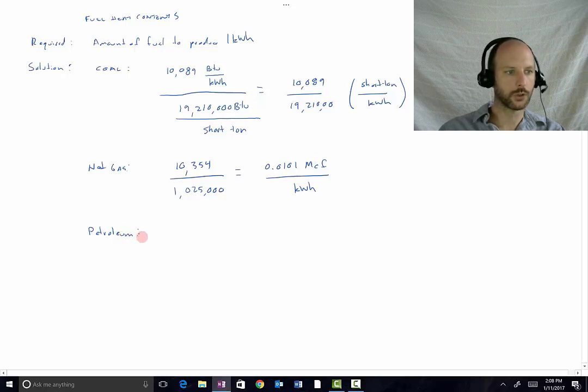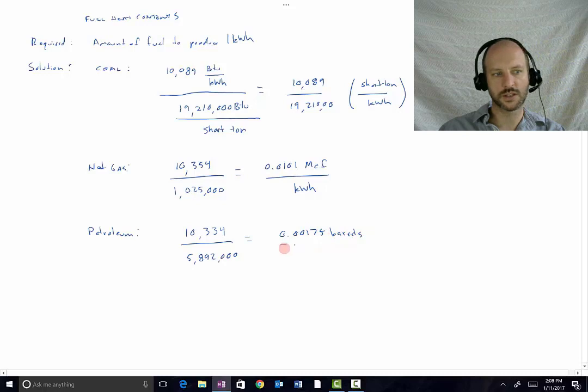And then for petroleum, we take the heat rate of 10,334, divide that by the fuel heat content of 5,892,000 BTU per barrel, and that's going to give us a final answer of 0.00175 barrels per kilowatt hour.